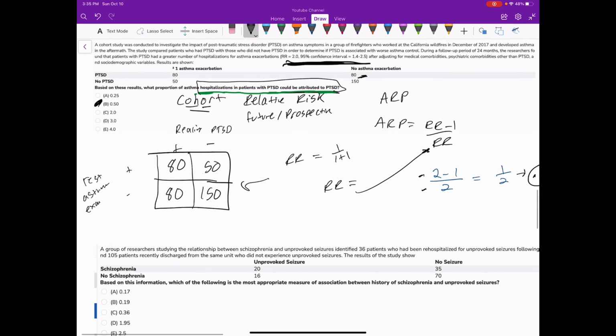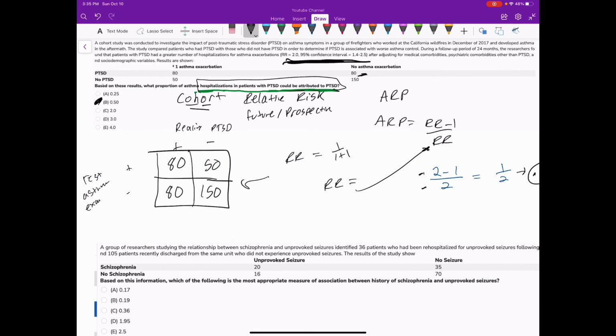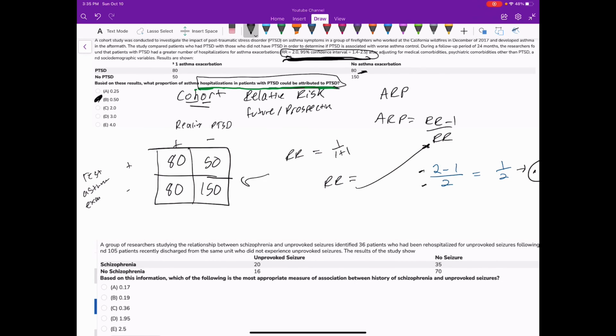They did. If we wanted to do the chart and avoid their numbers, what would we do? Okay, we would go 80 over 80 plus 50, over 80 over 80 plus 150, right? And you would get 80 over 130 over 80 over 230.